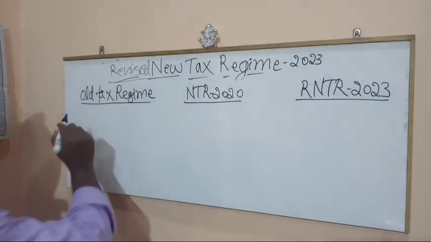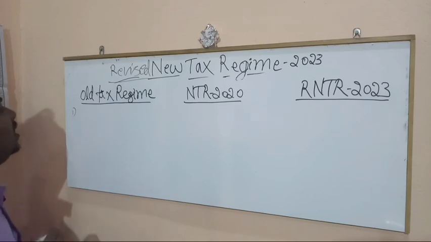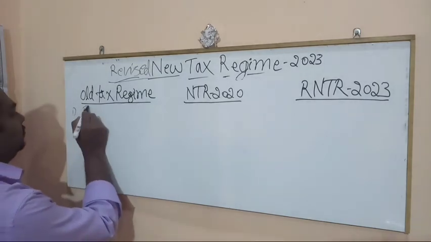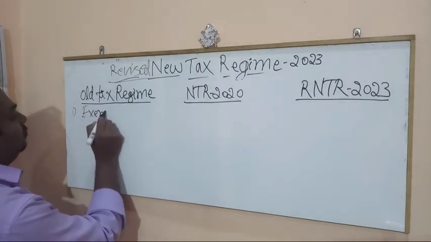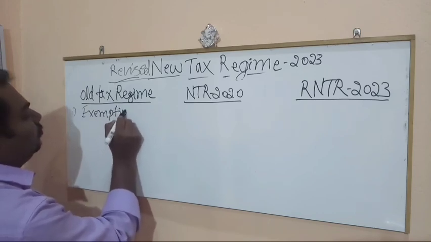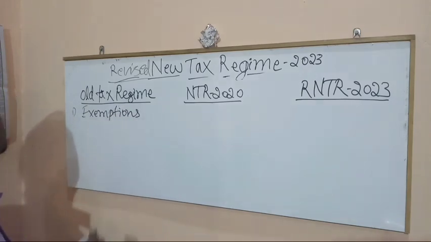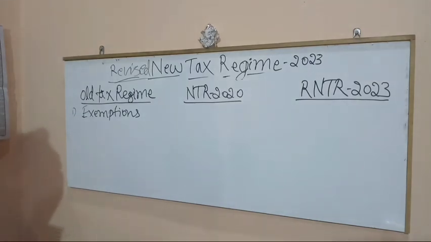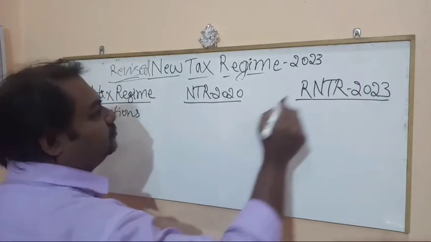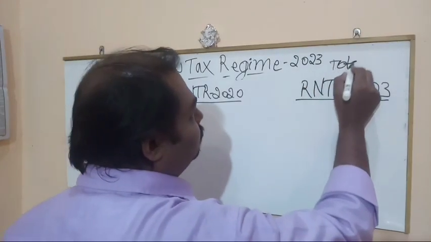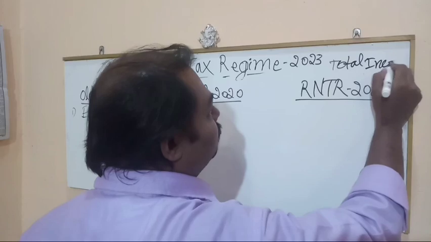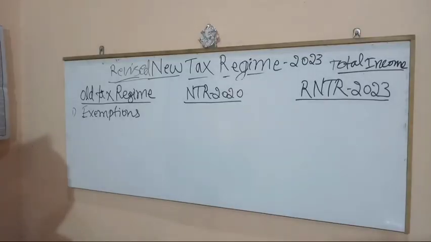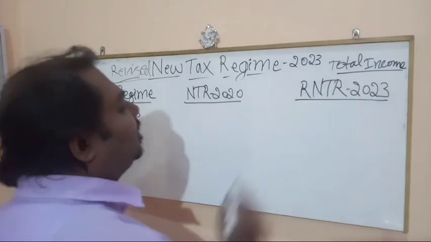In the old tax regime, there was something called exemptions. Exemptions means the amounts earned were not included in computing your total income. To calculate tax on your income, first we need to arrive at the total income.